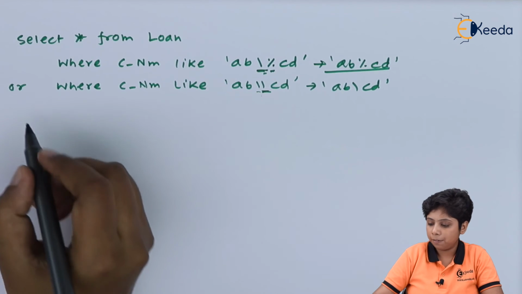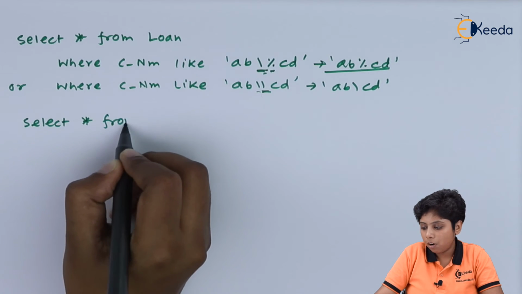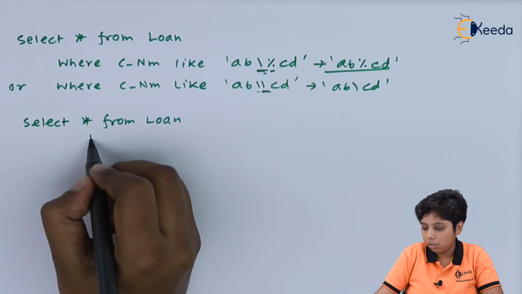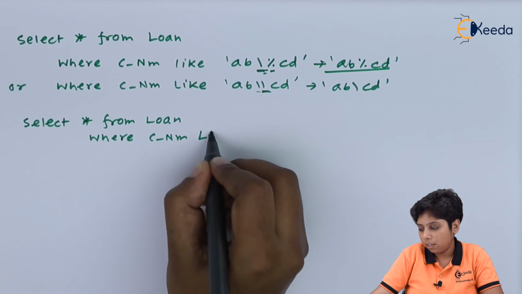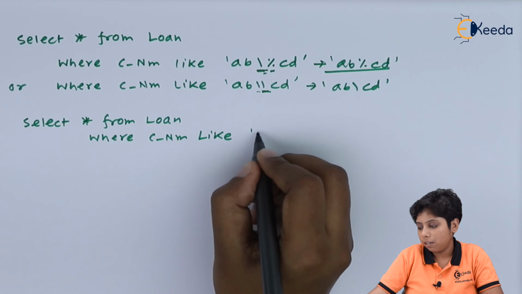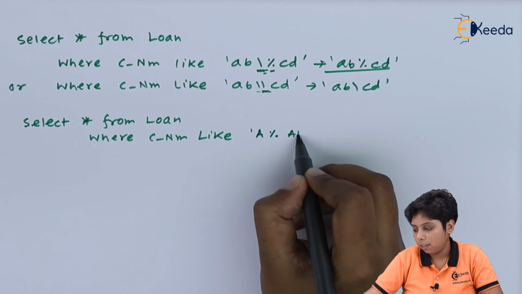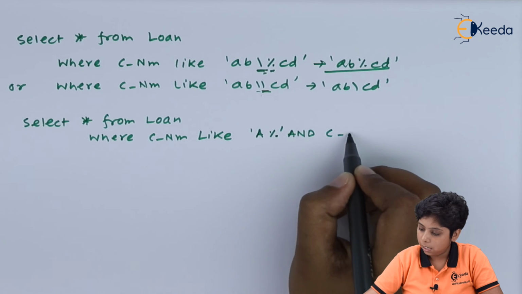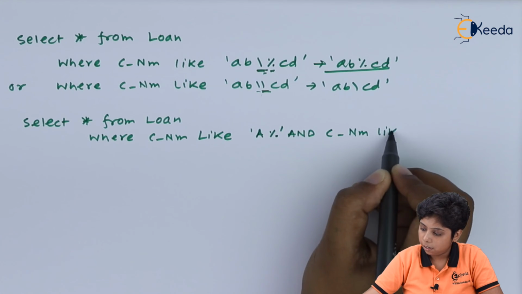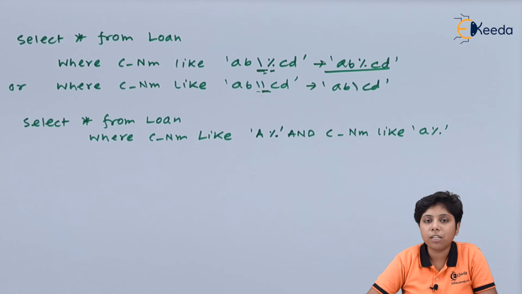We can do that like select star from loan where CNAME like capital A percent and CNAME like small a percent. So this we can combine using one single query.